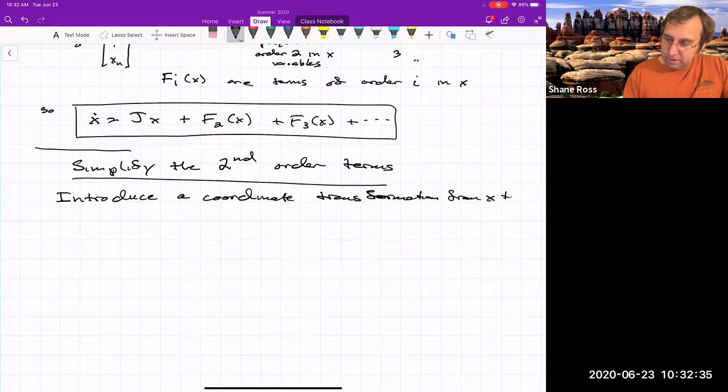And this is from X to Y, where kind of like in the motivation, we're writing the X variables, or the original variables, equals Y. So it's a near identity transformation plus this little h2(y). This is a second order homogeneous polynomial in Y.